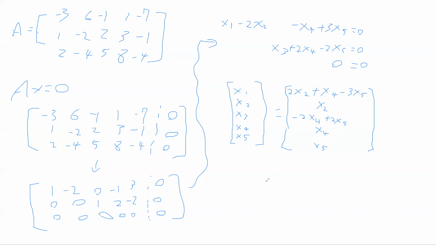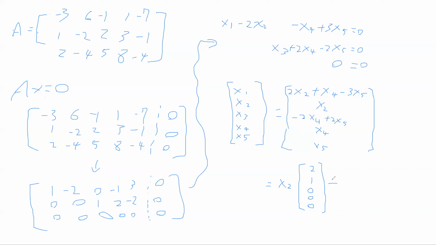And I'm going to rewrite this in a different form. I'm going to write this as x2 times 2, 1, 0, 0, 0. So notice that I have 2x2 in the first row, 1x2 in the second row, and zeros in 3, 4, and 5. Okay, I'm going to write it as a linear combination.